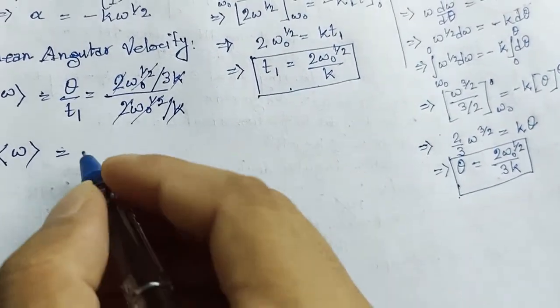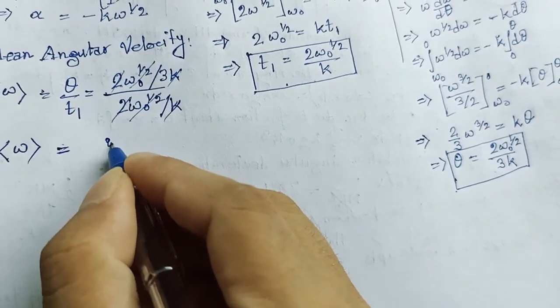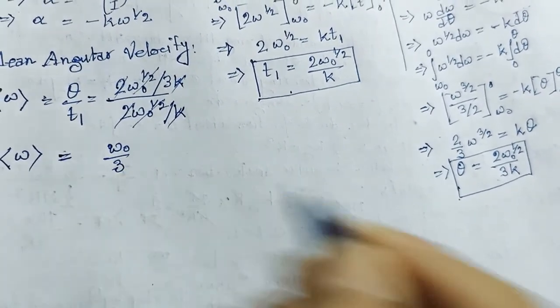So our value of omega average will be equal to omega naught divided by 3.